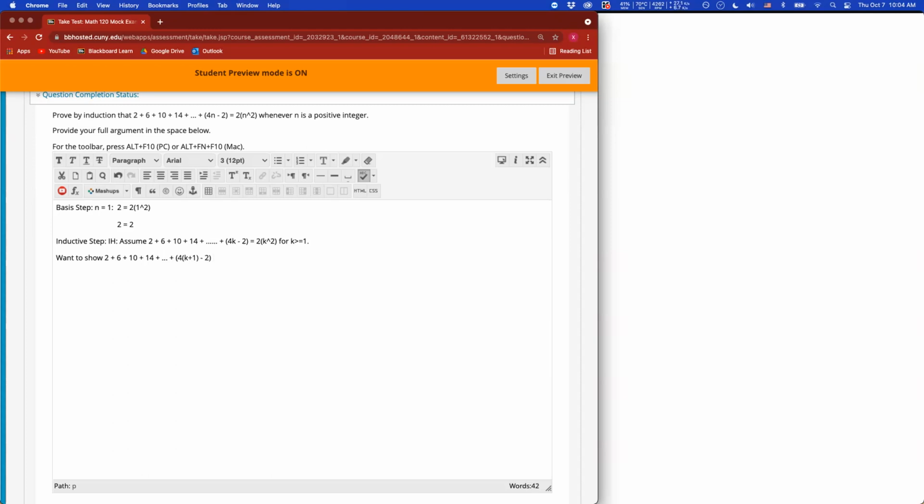Plus equals 2(k+1) squared. Right, so this is what you're trying to prove.